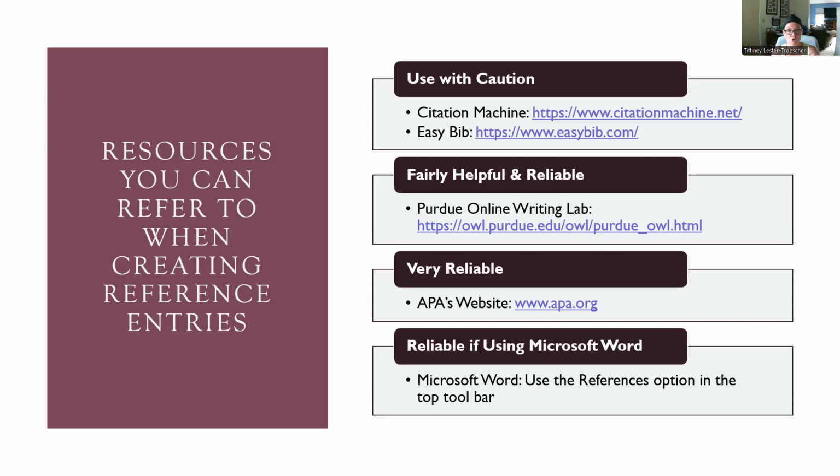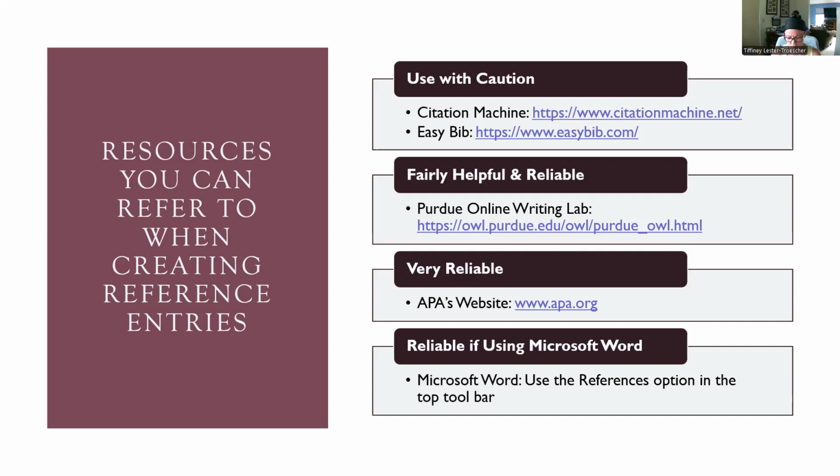How do I cite this article in Chicago format? How do I cite it in APA format? You find the format you need, and it shows you the reference entry and the citation. Use that to your advantage. This is not cheating. It's being smart, right? But again, those particular types of websites that create it for you, use with caution.